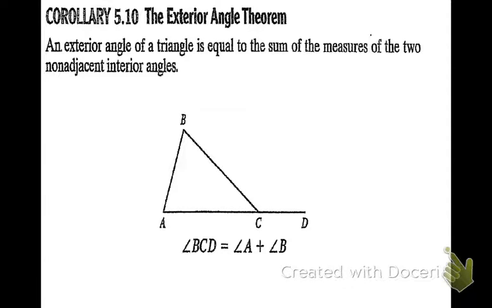Alright, so we've got A plus B, and we have BCD. BCD is the exterior angle. It's equal to the sum of this angle plus this angle. Those two angles. We're going to prove it.